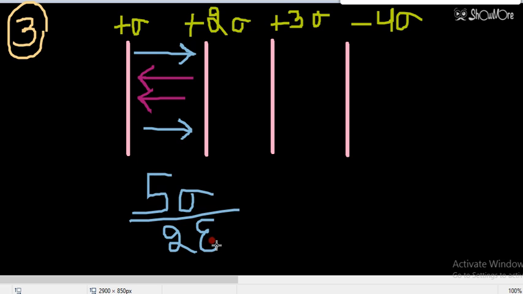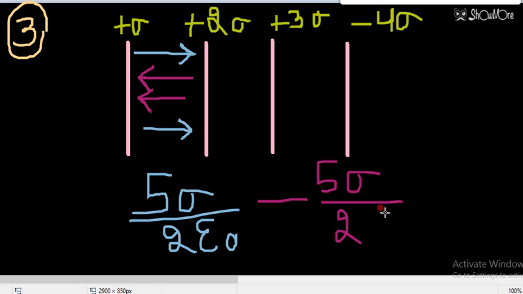Now on the left hand side, 2 sigma plus 3 sigma, again 5 sigma. So equal electric field will be towards the left direction and equal electric field towards the right direction. So these two will cancel out.